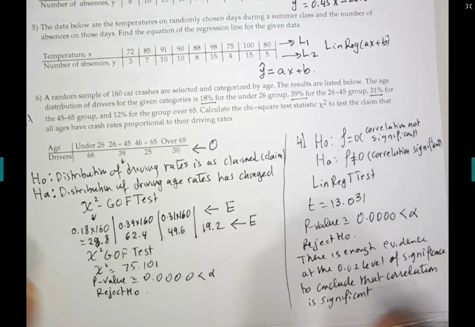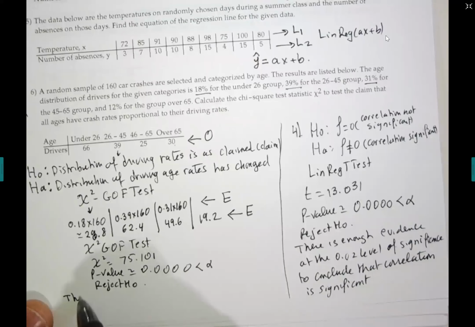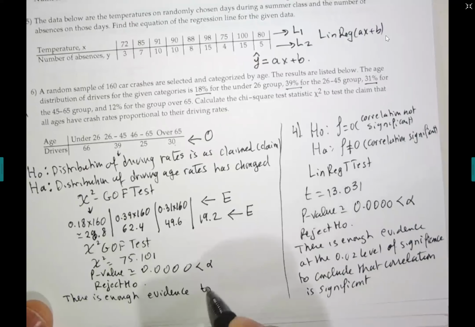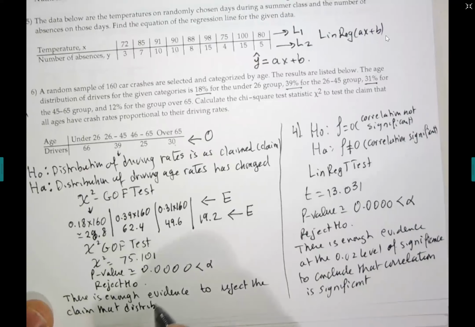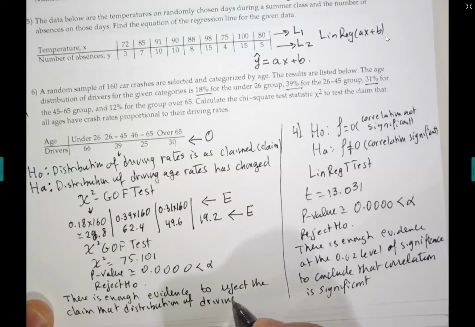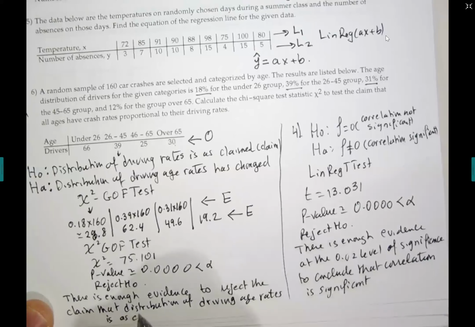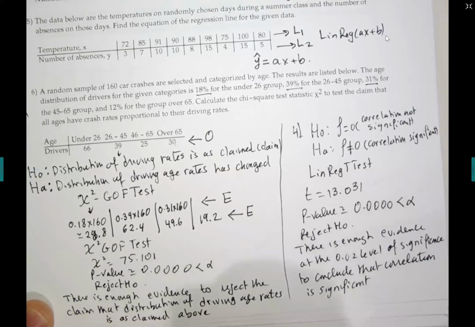And then we say there is enough evidence to reject the claim that the distribution of driving age rates is as claimed above, at the 5% level of significance.